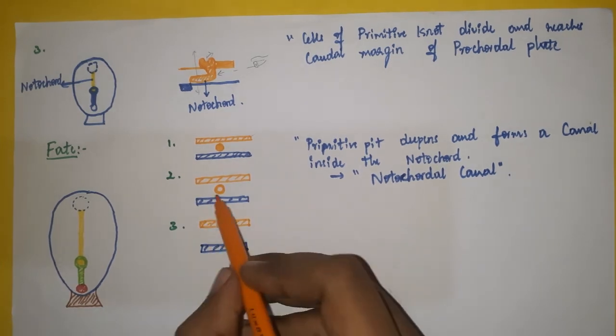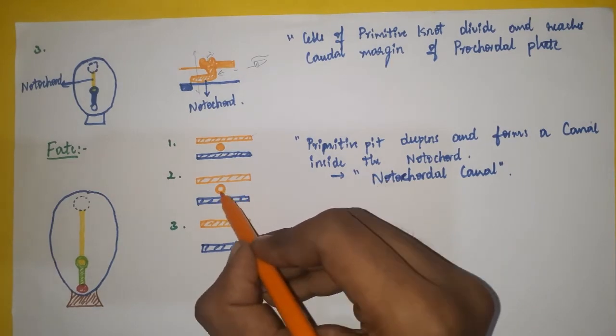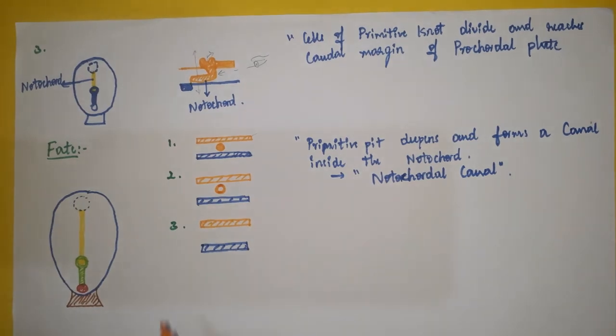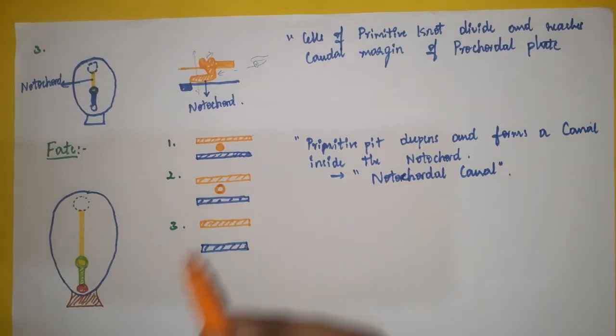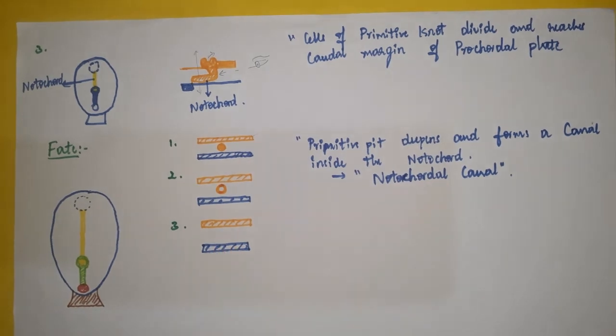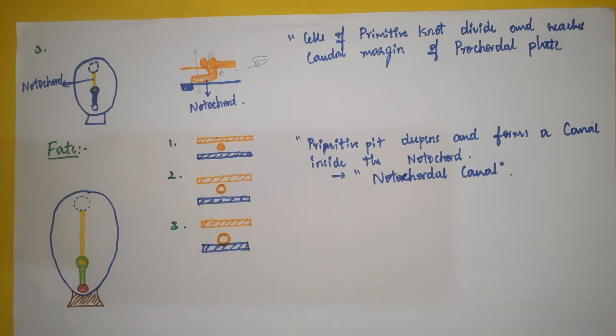And this newly formed notochordal canal, in this view, I will call this lower part as floor and this upper part as roof. Okay. Now what happens is, the floor of the notochordal canal becomes fused with the endoderm. Here it appears like this. The floor is fusing here. Now what happens to this stage now?